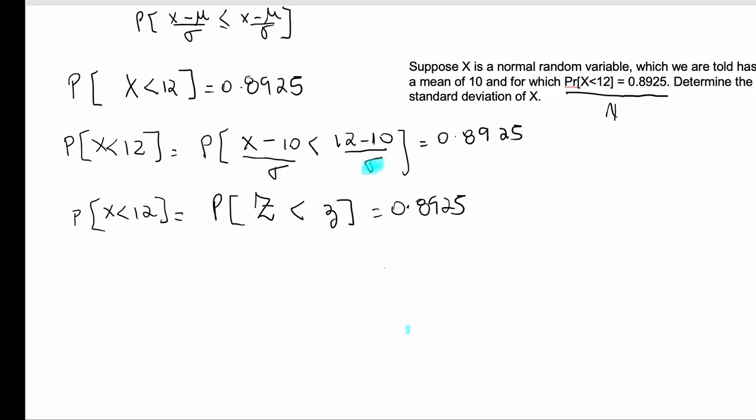How can I find this guy? Well, think about this. If I go to the table and I find this figure in the table, I can figure out what column and row the guy looked at, right? After standardizing. And then, because little z is this, I can derive sigma.